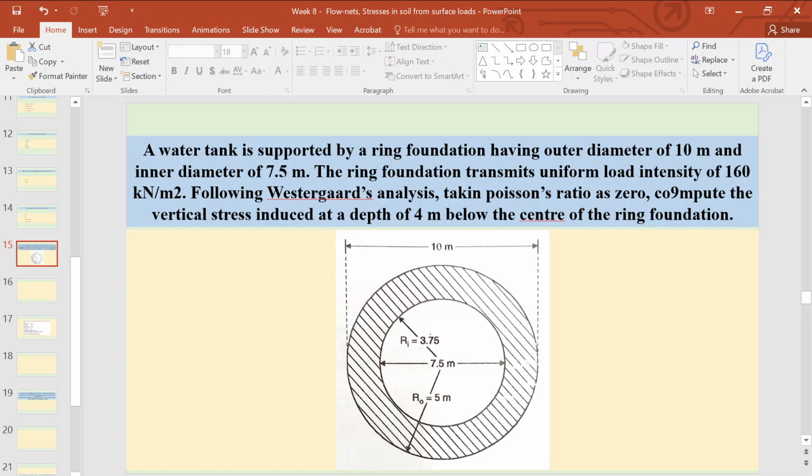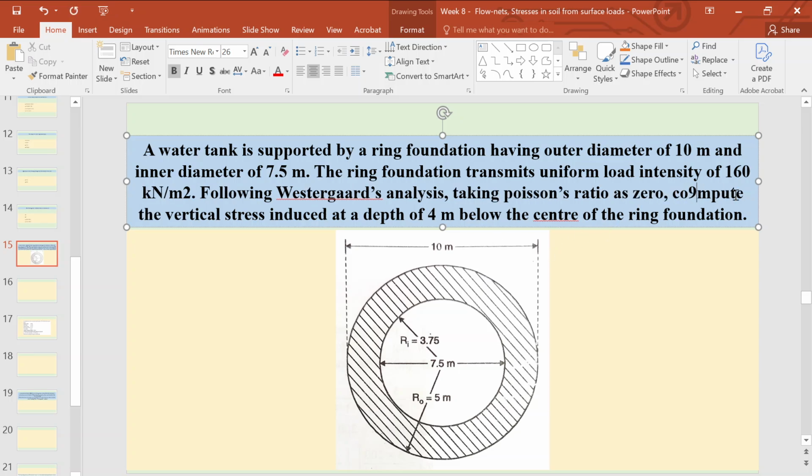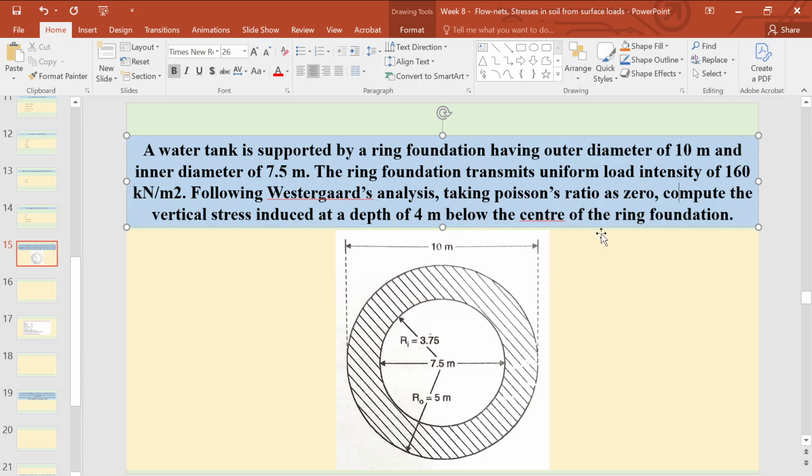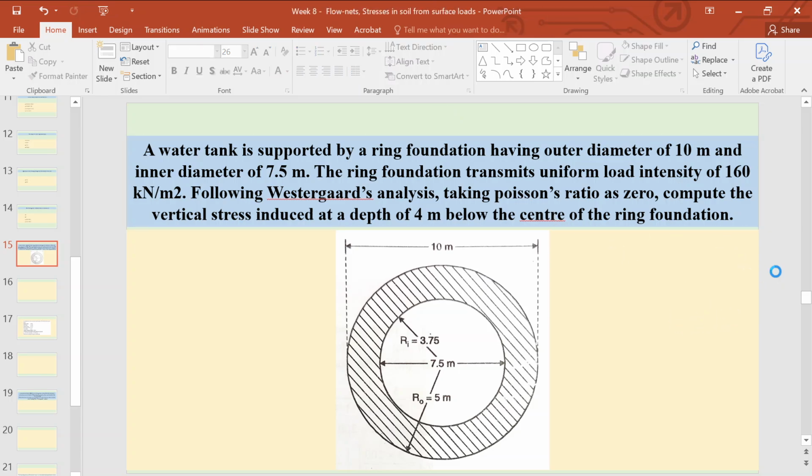Following Westergaard's analysis, taking Poisson's ratio as 0, compute the vertical stress induced at a depth of 4 meter below the center of the ring foundation. The outer diameter is 10, the inner diameter is 7.5.